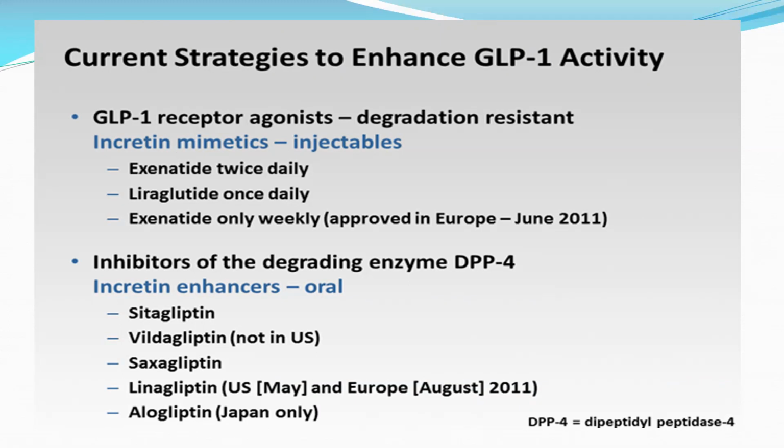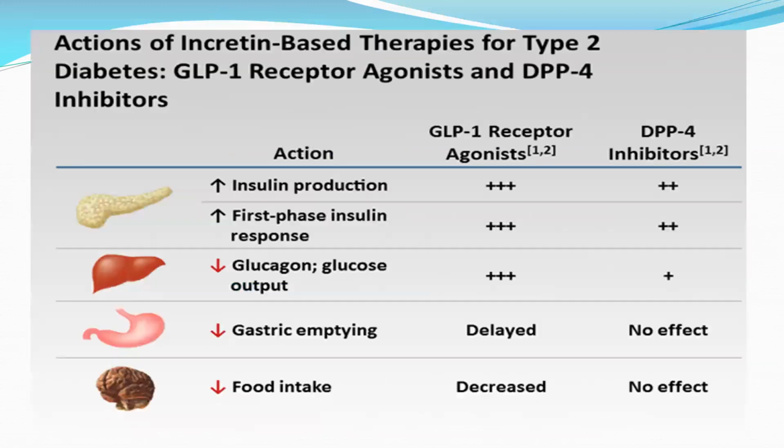We call them glucagon-like peptide receptor agonists. So the current strategies dependent on the rationale of incretins are glucagon-like peptide receptor agonists or dipeptidyl peptidase inhibitors. Again, have a look at this diagram, which shows the beneficial effects of both.